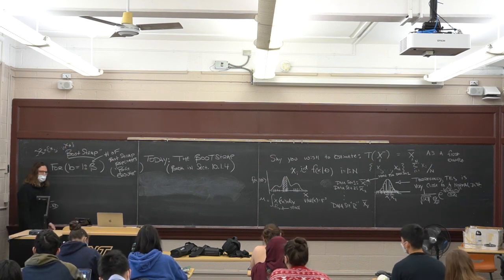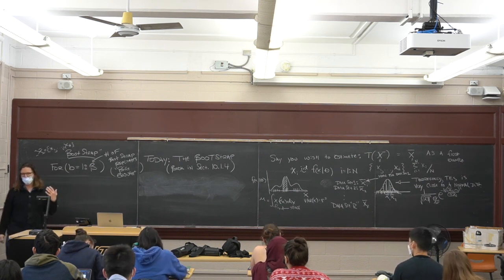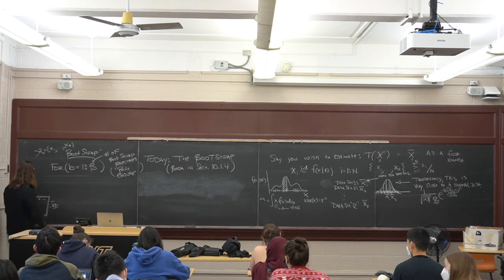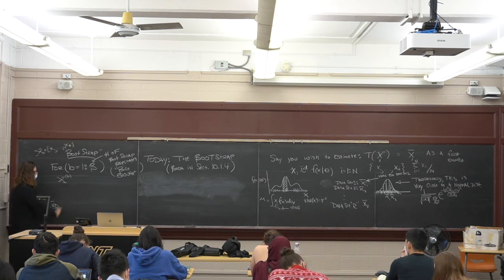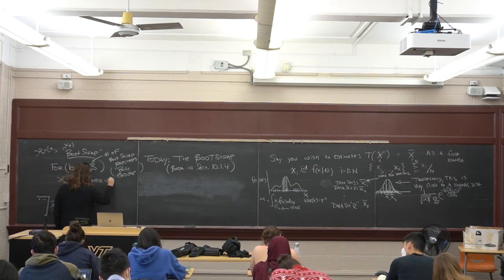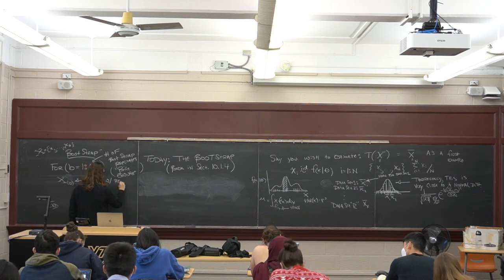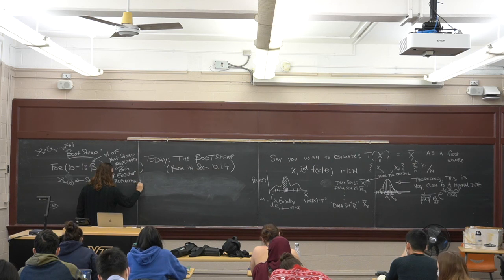And so what I'm going to do from that, for every iteration in this loop, is sample with replacement from that. So I'm going to say X capital B, I'll put it down here, is a sampling with replacement. This is going to happen n times.